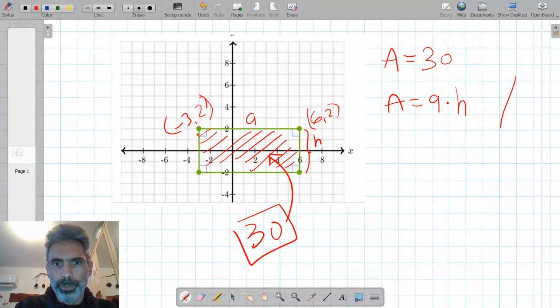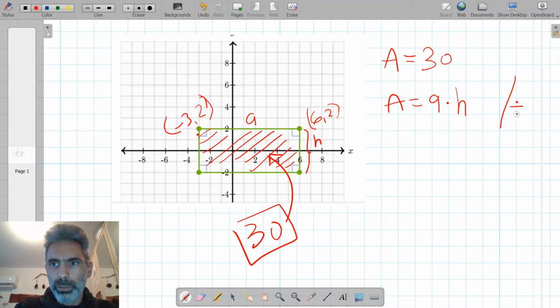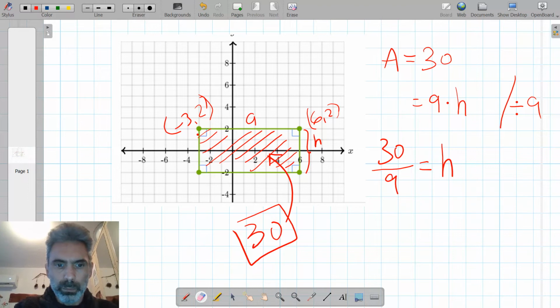So we divide both sides of the equation by 9. So we get 30, which is the area, divided by 9 equals h. We could have written here 30 instead of the a, because a is the area.